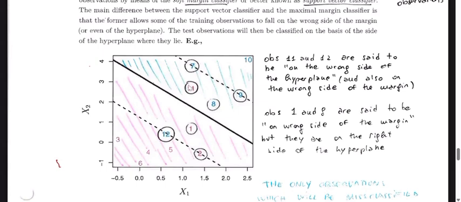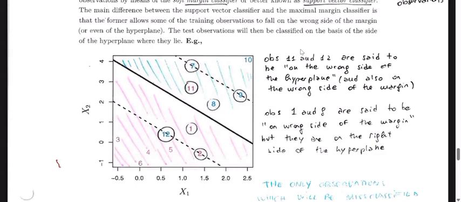They are on the wrong side of the upper plane, and not only that, they are also on the wrong side of the margin. Can you see the margin here? So observations 11 and 12 are on the wrong side of the upper plane, and they are also on the wrong side of the margin.